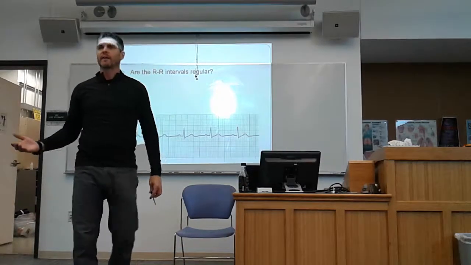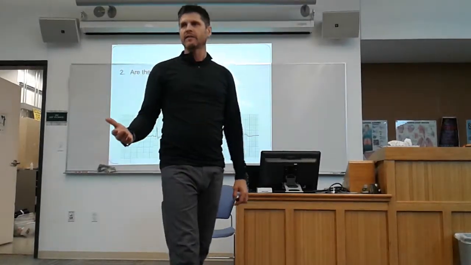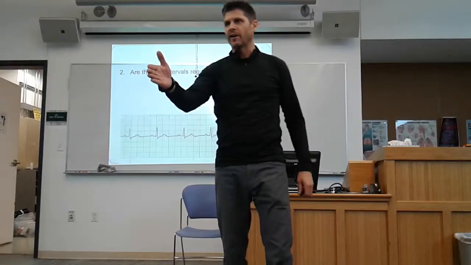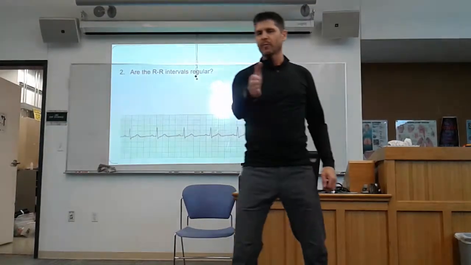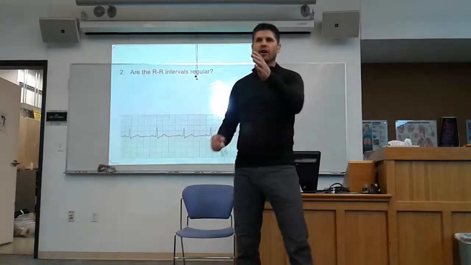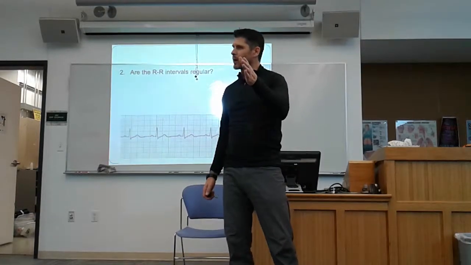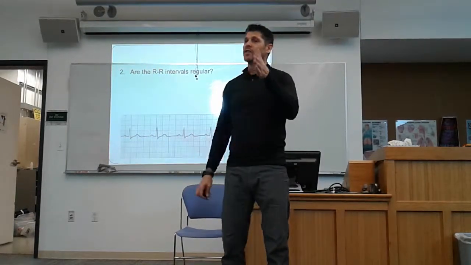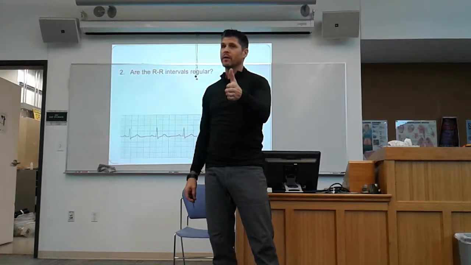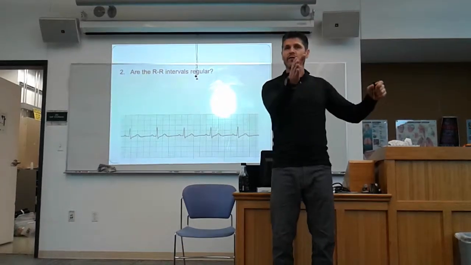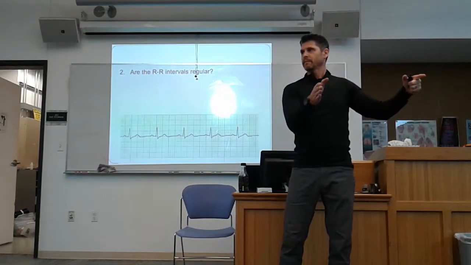And it should be the same. Does that make sense? Because we know when the atria fires, it fires in a regular pattern. The AV node does what to the signal? What's its primary job? To delay. The delay should be exactly the same. Therefore, my R to R intervals should be exactly the same.